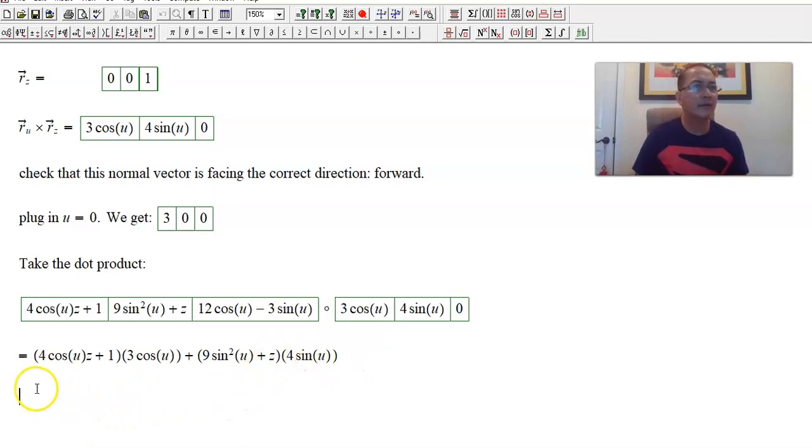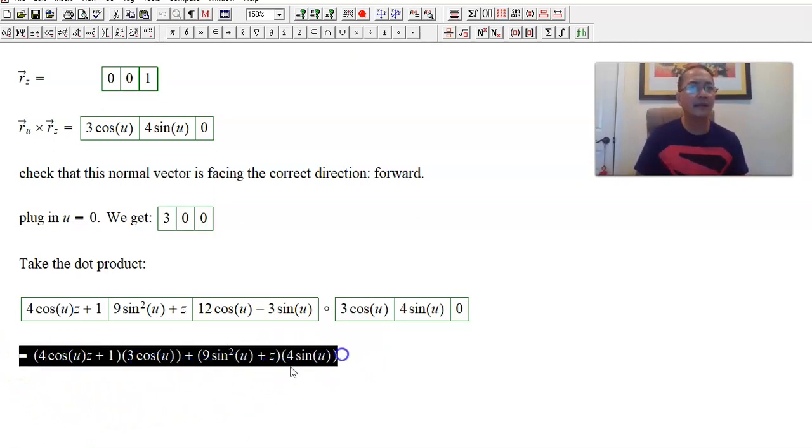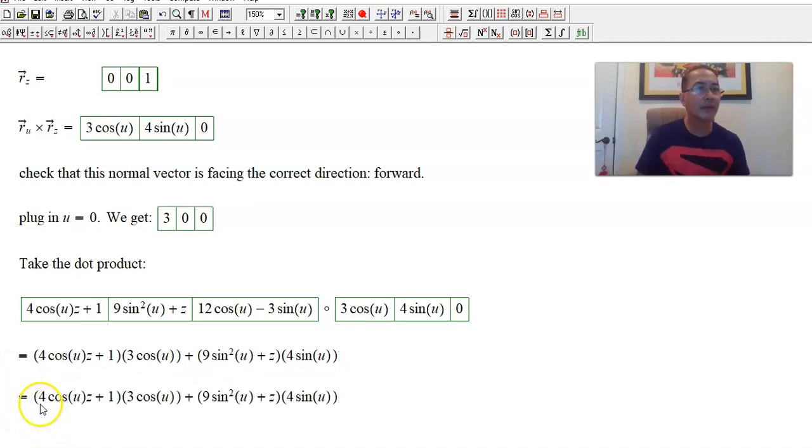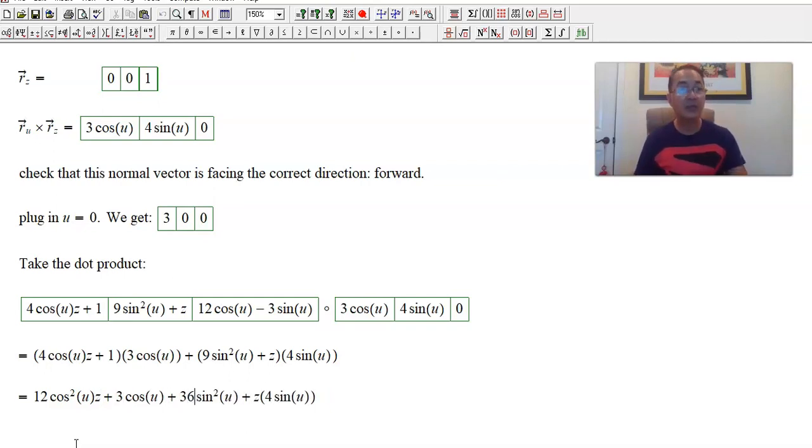So if we're going to integrate this, then what unpleasantness are we going to see? We're going to get 12 cosine squared u z, right on. And we're going to get 3 cosine u, right on. And we're going to get 36 sine cubed of u.